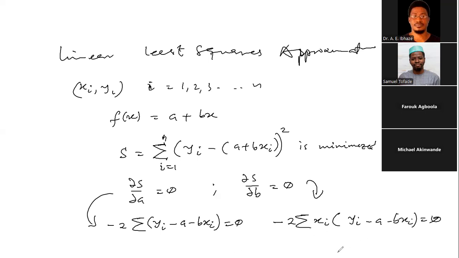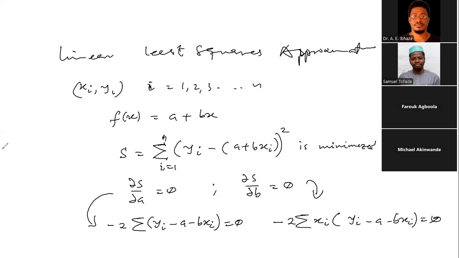So now we have the system of equations. By the time we evaluate the sum terms, term-wise, this will result in a system of 2 equations in 2 unknowns, a and b. These equations are usually called the normal equations, and the solution follows directly.